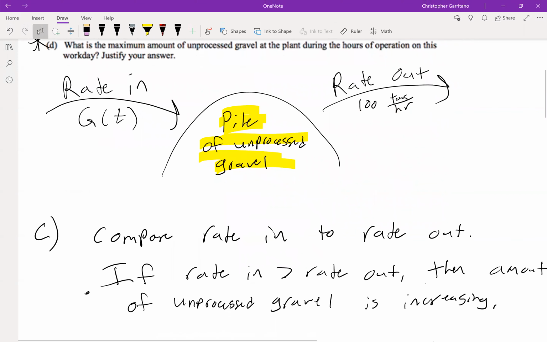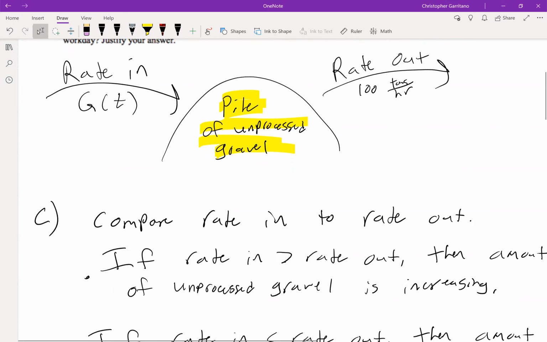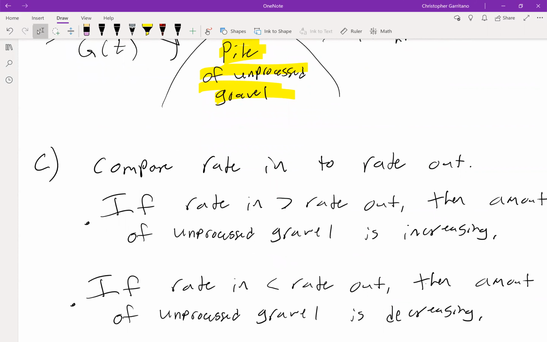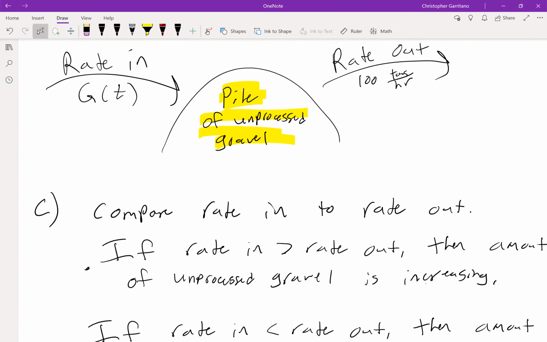Of course, if the rate in is greater than the rate out, then the amount of unprocessed gravel is increasing, or that pile is increasing in size. And if the opposite is true, if rate in is less than rate out, then the amount of unprocessed gravel is decreasing, or the pile size would be decreasing.